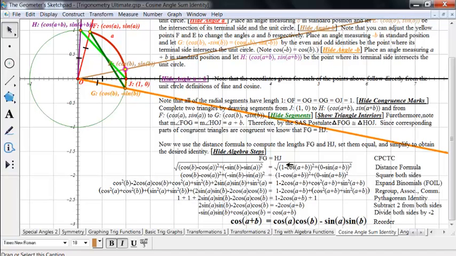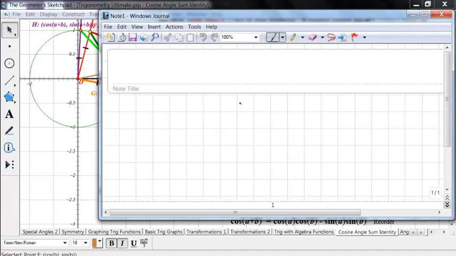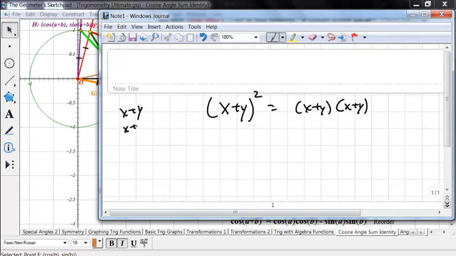Now let's just remember for a minute about squaring something. In general, if you have x plus y and we want to square it, of course that's x plus y times x plus y. If we multiply that out, y times y is y squared, y times x is xy, x times y is xy, and x times x is x squared.